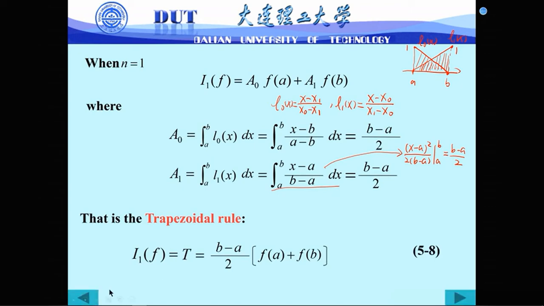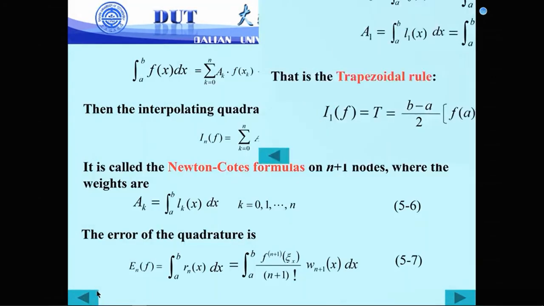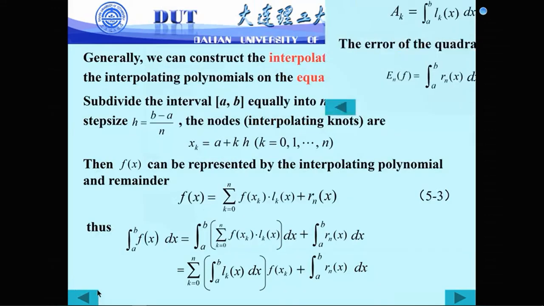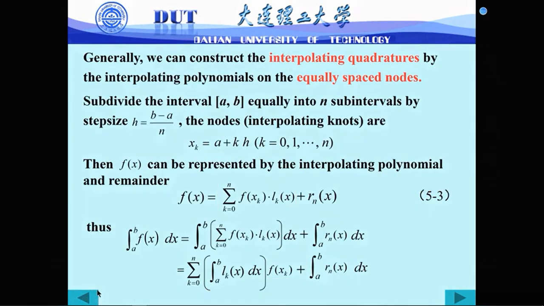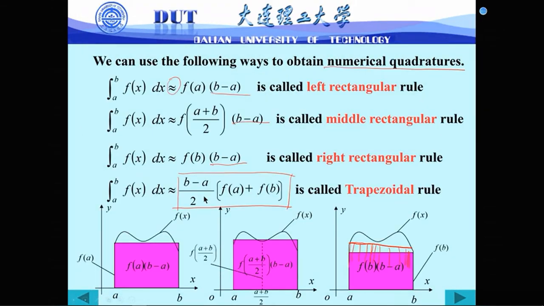Okay, so actually this is just the trapezoidal rule. Let's come back here. Now you see this formula: (b minus a) over 2 multiplied by (f(a) plus f(b)). It's okay? So that is why we call this the trapezoidal rule.